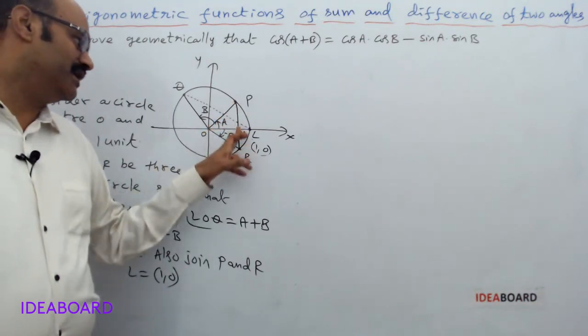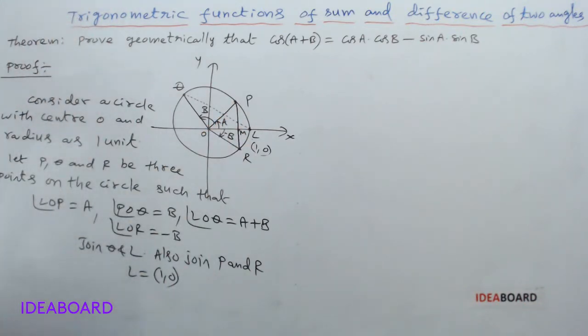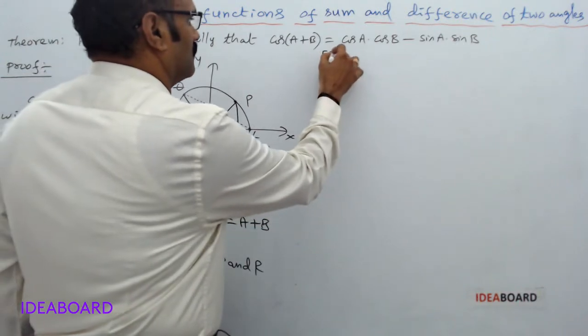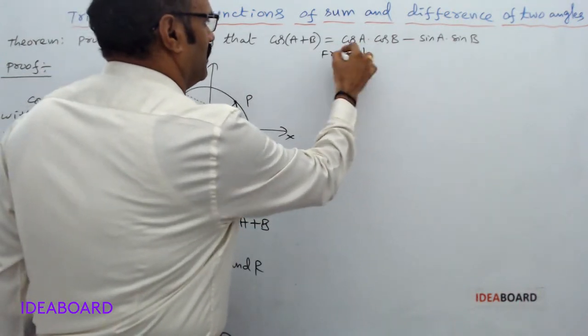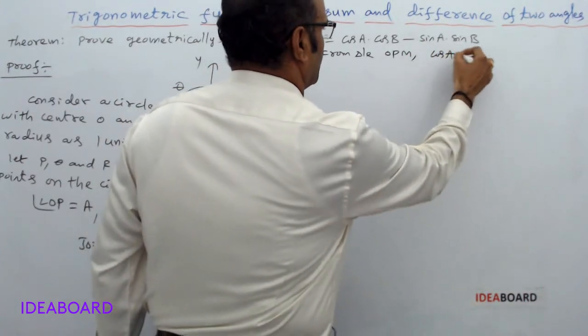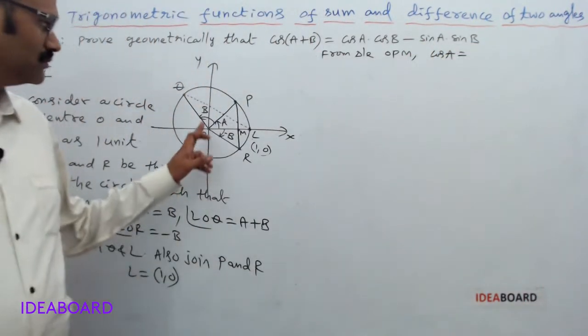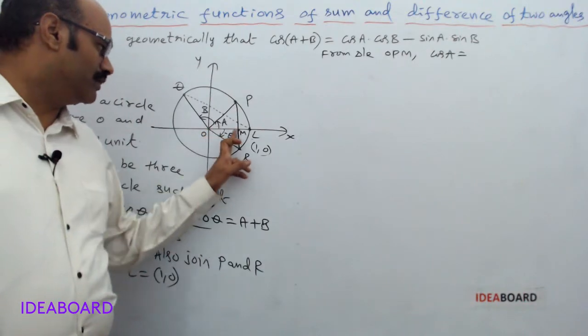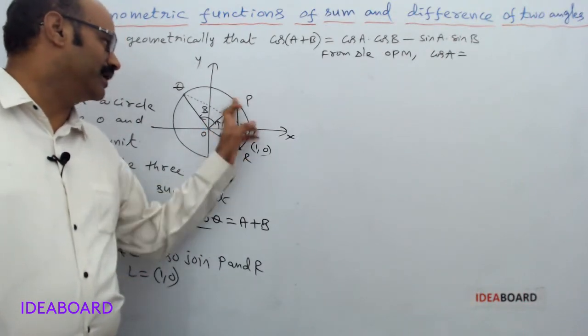From triangle OPM, cos A equals OM by OP.